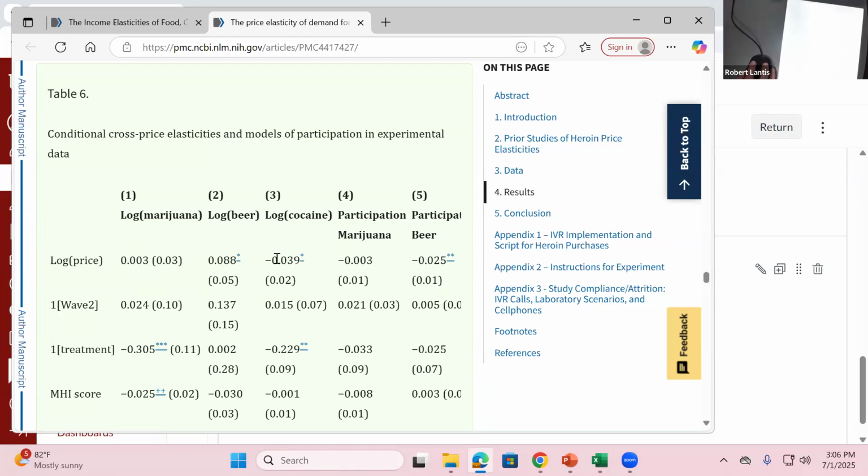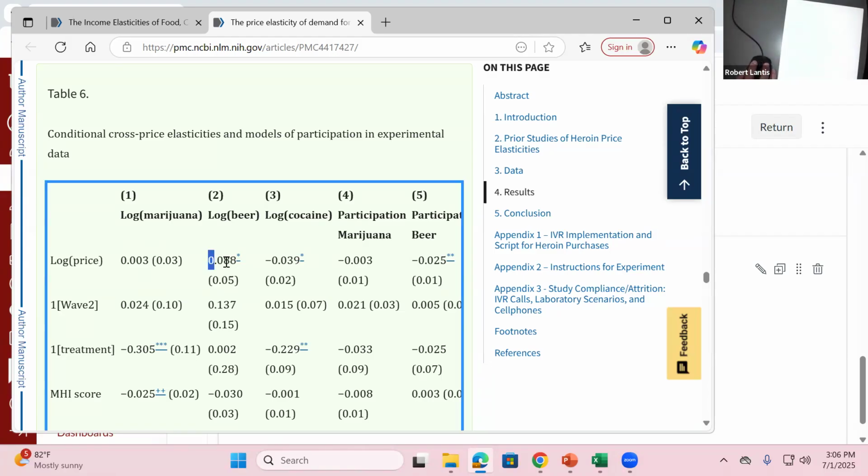However, when you look at beer, once again, positive. So it looks like these are substitute goods, but now this is a little bit further away from 0. And something outside the scope of this class, this little star basically means that statistically there is a relationship between these two. So it's not just 0.